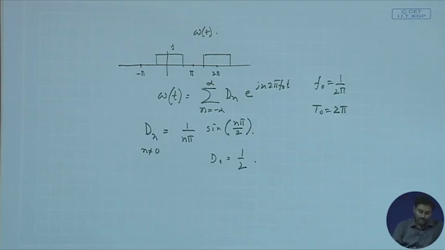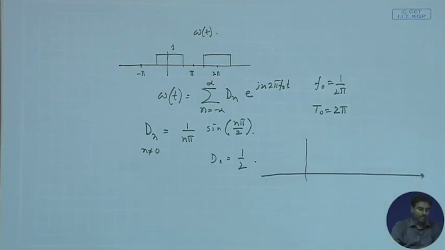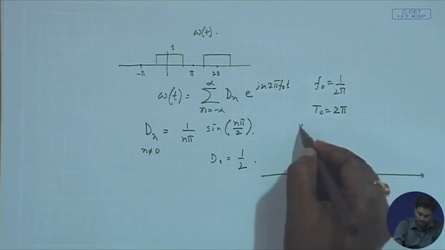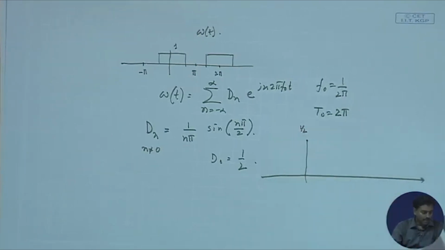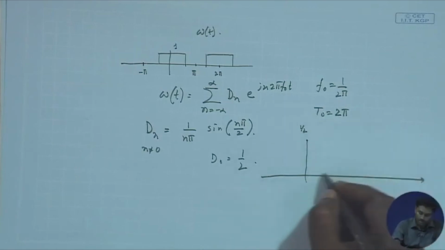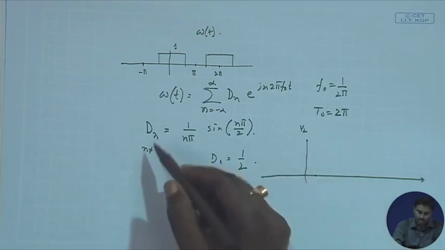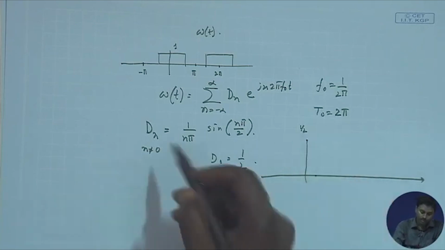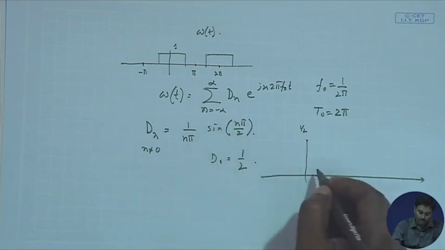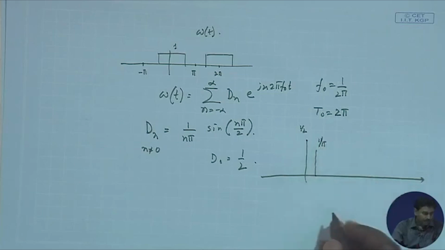So, eventually what we have got is something like this, a spectrum which was defined in the frequency domain. It has a value of half at 0, then at every f0, 2f0, 3f0 there are values. At f0, that is the frequency component n equal to 1, if you just put this in, you get 1 by pi and so on.